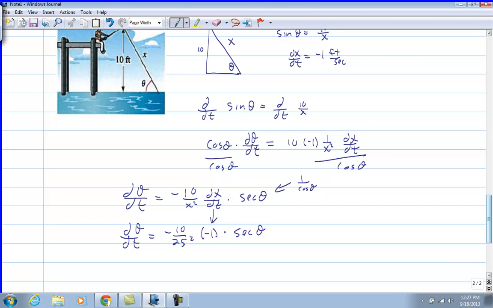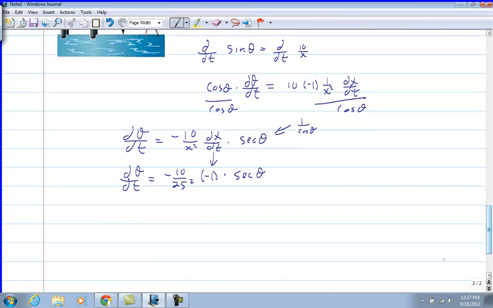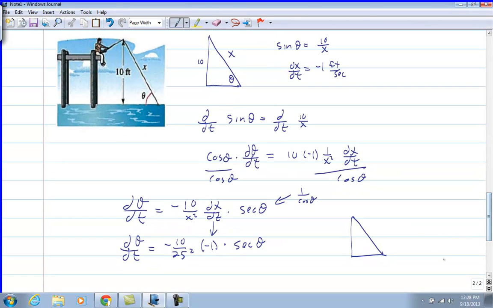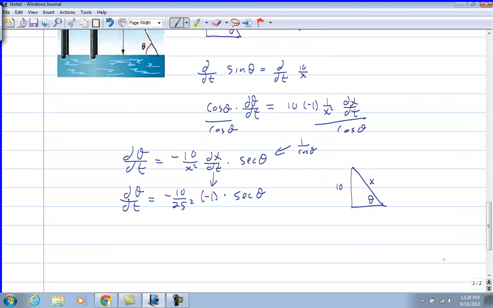So the question is, what do we do about secant theta? We have all the other numbers we need. Well, let's go back to our triangle. In the triangle, what we had was x here, 10 here. What's this other side going to be? And here's our theta. Let's call this, for lack of a better term, a. A squared plus 10 squared, which is 100, equals x squared.